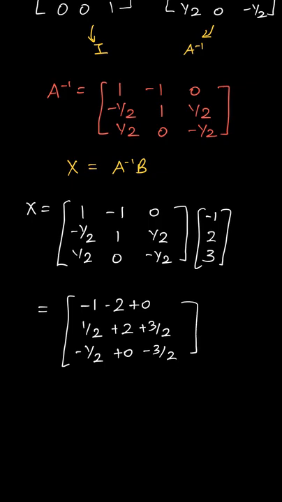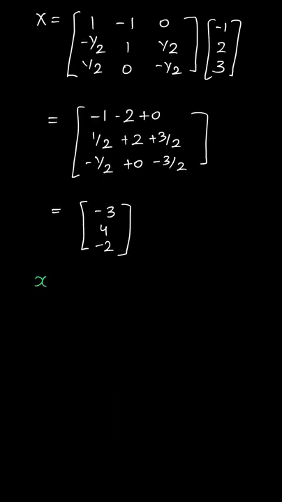On solving it, that becomes equal to minus 3, 4, and minus 2. So here we have the value of x is minus 3, y is 4, and z is minus 2. I hope you now have a better understanding of the question. Thank you.